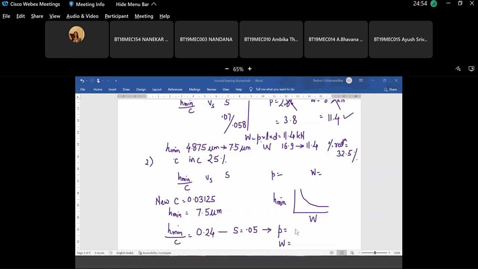Ma'am, how to find the value of R in the formula of S? Radius is given already. So it will not change. Radius is not changing. The clearance is increased, which means it's the inner surface of the bearing which is refurbished.